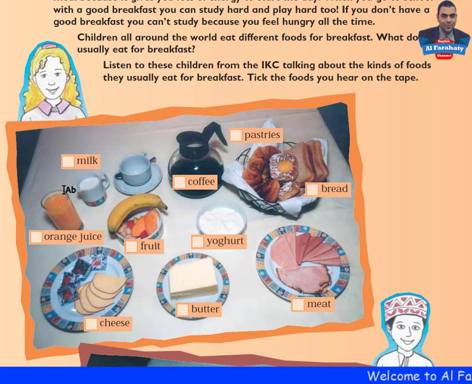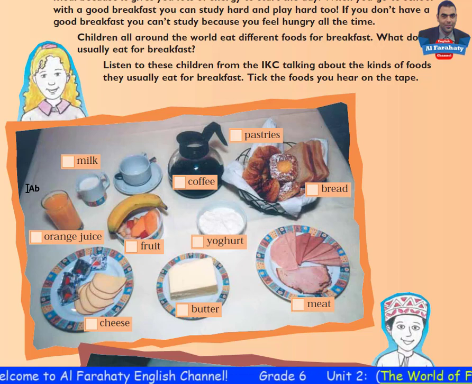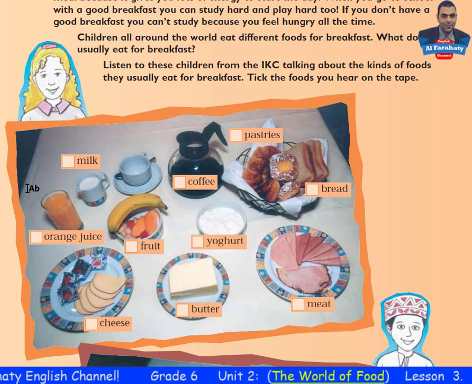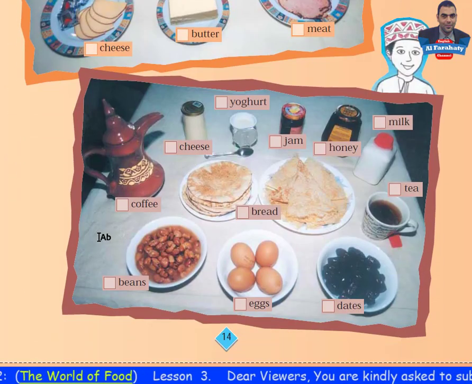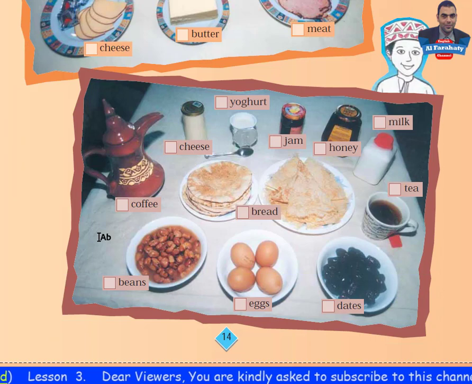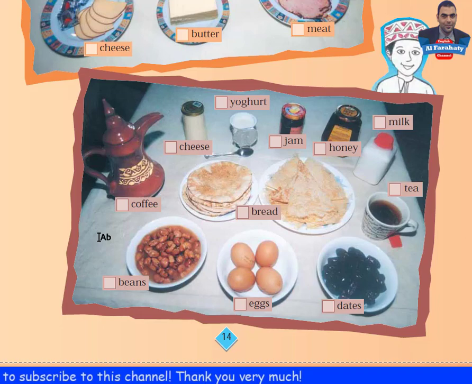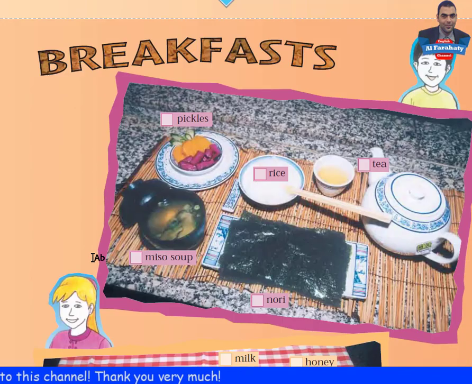I usually have some slice of cheese and meat with some bread. Sometimes I have yogurt too. I usually drink a glass of milk with my breakfast, but sometimes I have a glass of orange juice instead. I usually have bread and honey and a cup of tea. Sometimes if I'm hungry, I have yogurt as well. I usually have miso soup with rice and some pickles. Sometimes I have some nori as well.